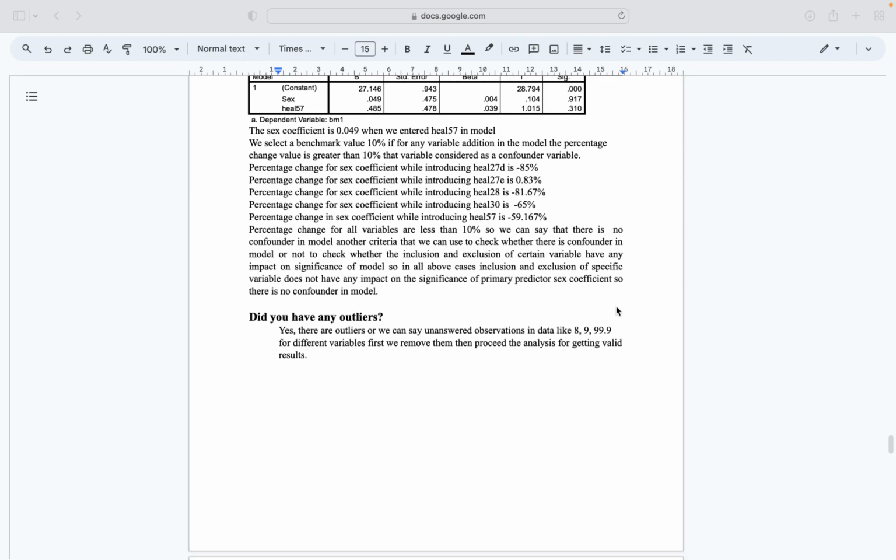Did I have any outliers for my second research question? Yes, there were outliers, or I can say unanswered observations, which are like 8, 9, 99.9 for different variables. I then removed them and proceeded with the analysis for getting valid results.